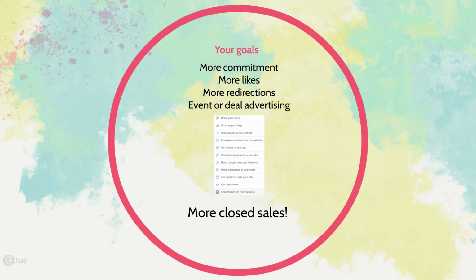Of course, some of you would like to share some events, so get more attention from a more broad public, more audience. But the main goal, obviously, is more closed sales. So you want people not to give up easily. You want to make them return to your website and finally make the buy.